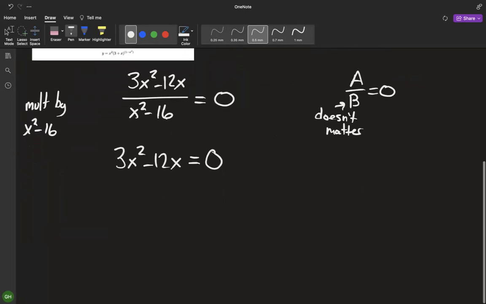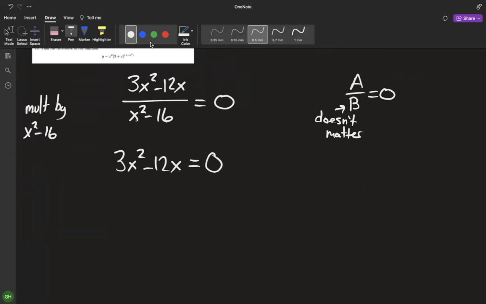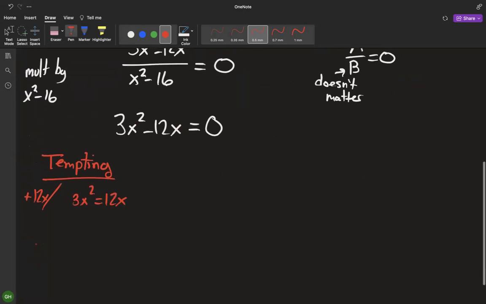Now I'll write what's very tempting to do, but I'm going to write this in red because this is not good. It's very tempting to look at this and go, okay, add over the 12x. So I get 3x squared equals 12x. Then I could divide by a 3x.